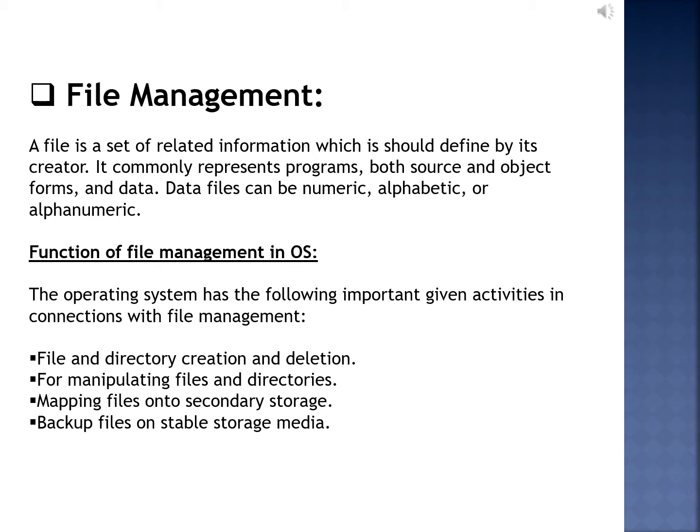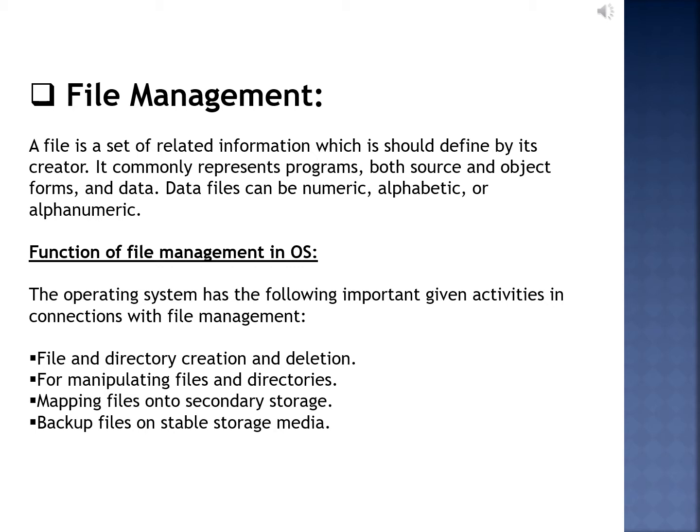You know that a file is a collection of related information defined by its creator. Commonly, files represent programs, both source and object forms, and data. Data files may be numeric, alphabetic, or alphanumeric.